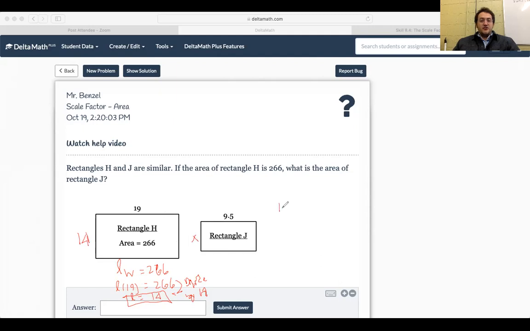So maybe I would do 9.5 over 19. That's new over old. Well, J over H, I could say. And that would be equal to x over 14. You want to cross multiply.